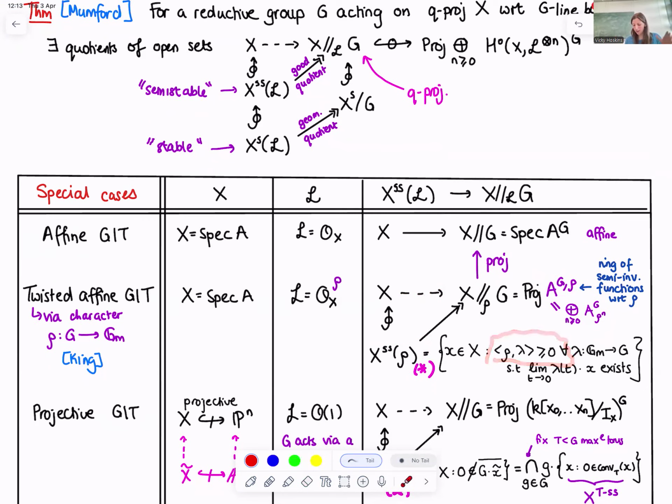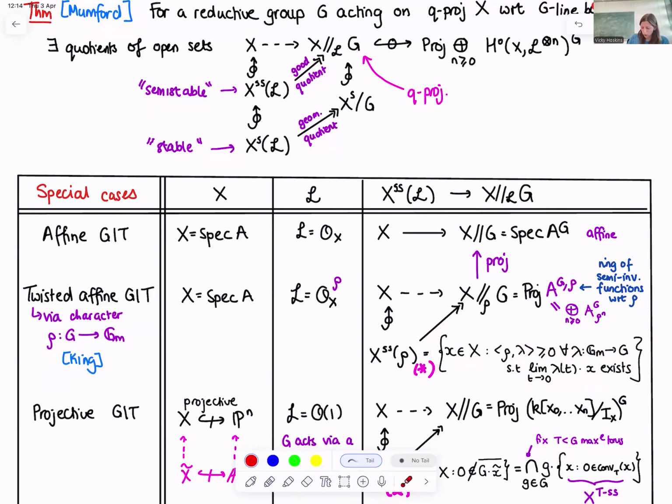If you pair your character rho with your cocharacter lambda, then you get an integer, and you ask that this integer is greater than or equal to 0. And you only have to check this for one parameter subgroups such that when you flow down under this one parameter subgroup as t goes to 0, this limit exists, because of course X is affine, this limit might not necessarily exist, but you only have to check for those lambdas for which the limit exists. And so this gives a very concrete description of this semi-stable locus. And this is what's called a Hilbert-Mumford description.